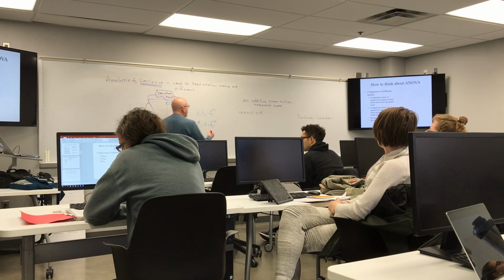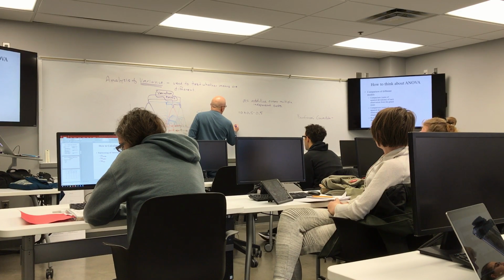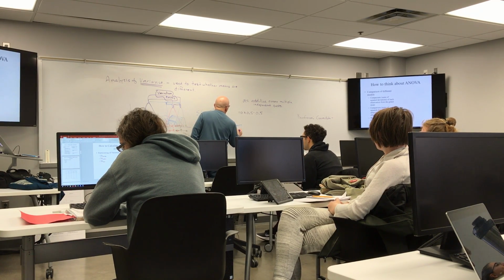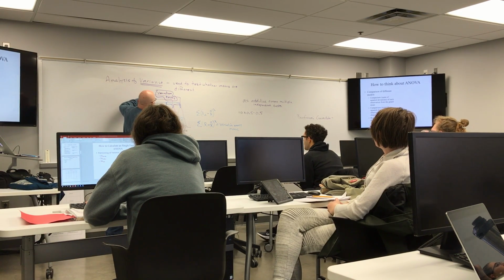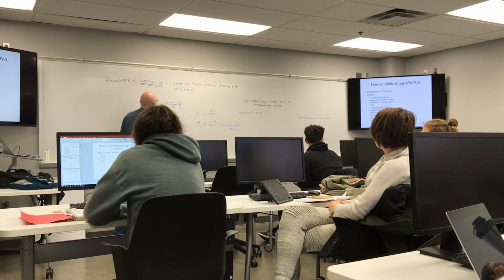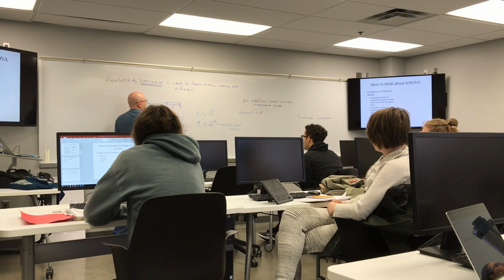This is obviously the variation among means. But it never does what I did at the beginning. It doesn't ever calculate the differences between one mean and another mean. It calculates the differences between this mean and the grand mean, this mean and the grand mean, and that mean and the grand mean.